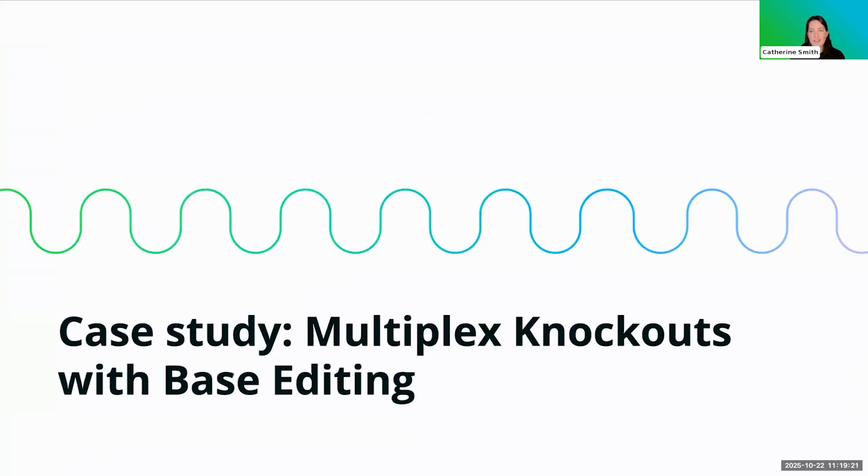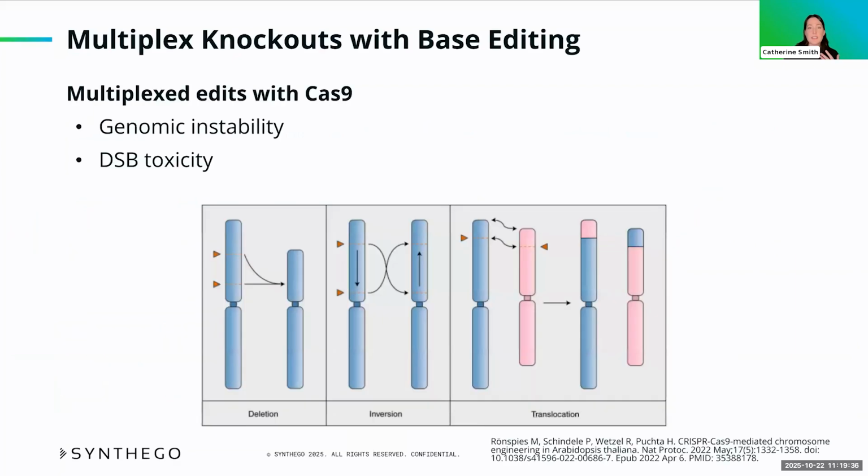So at this point, when we're talking about strategies for creating knockouts using base editing, you may be thinking that these gene disruption strategies seem like kind of a lot of fussing around for something that you could do using a standard SpCas9 approach. And it is important to remember that there are some drawbacks to multiplexed edits using Cas9. So the first drawback is genomic instability.